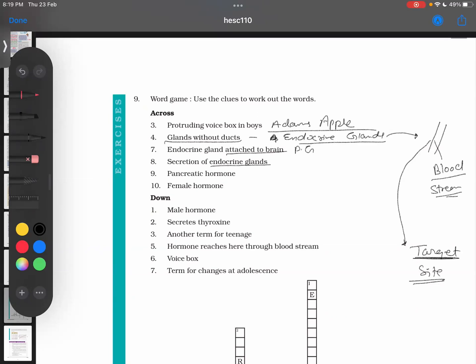Secretion of endocrine glands. What are they? They are basically hormones. Secretion means hormones. Pancreatic hormone. The hormone released by pancreas. I just discussed it a few seconds ago. We just talked about it. Diabetic patient lacks it.